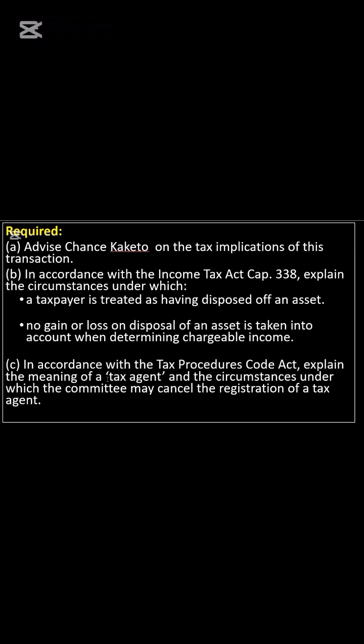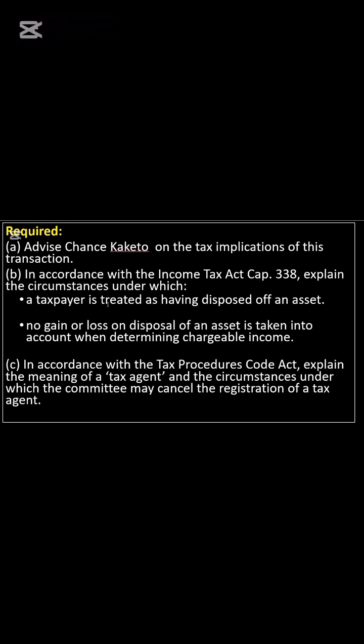Then, in accordance with the TPCA, Tax Procedures Code Act, explain the meaning of tax agent and the circumstances under which the Commissioner may cancel the registration of a tax agent. So now, what is a tax agent?